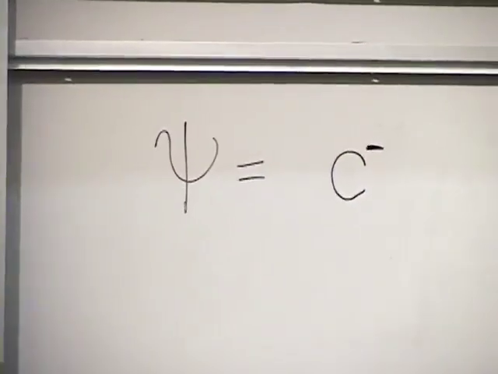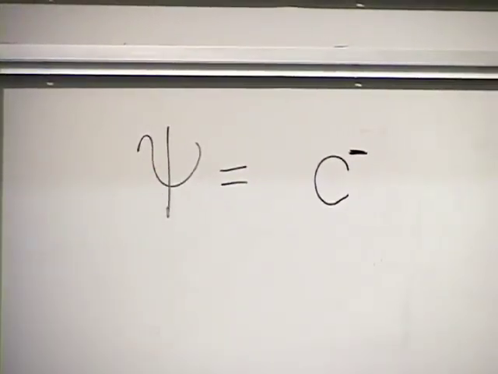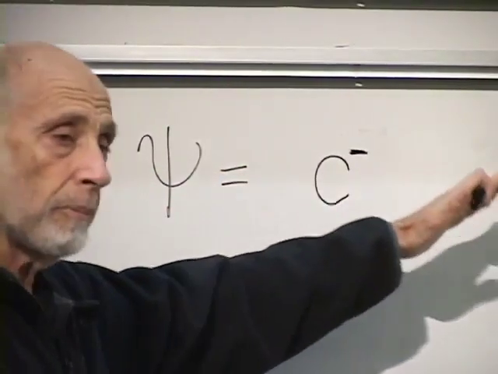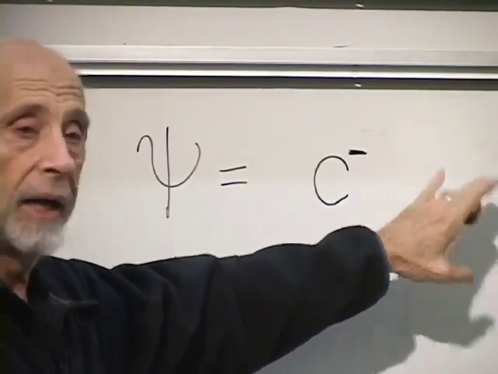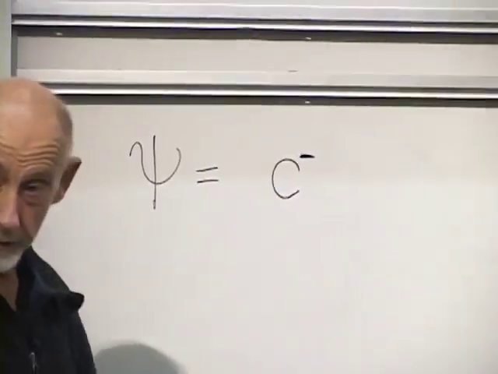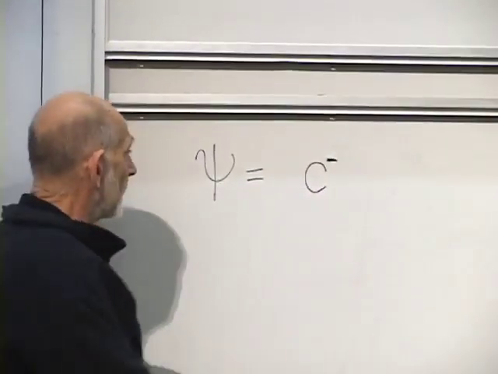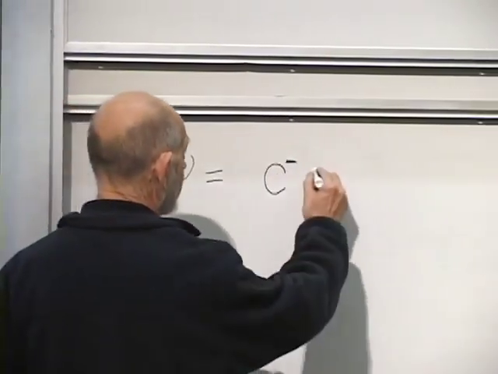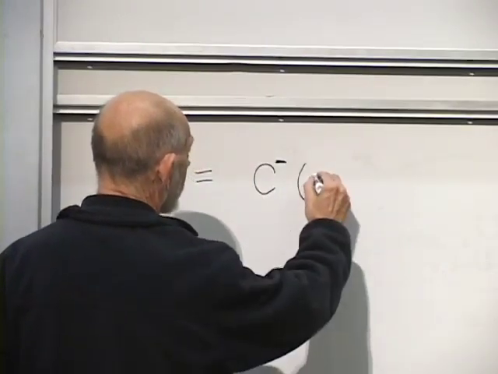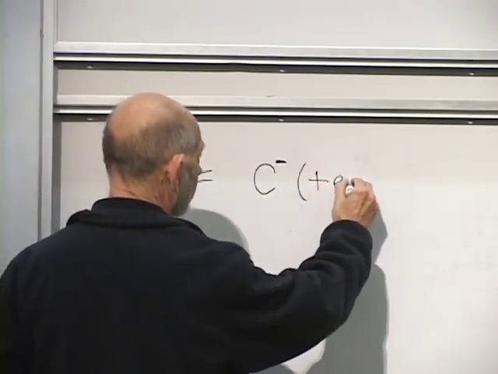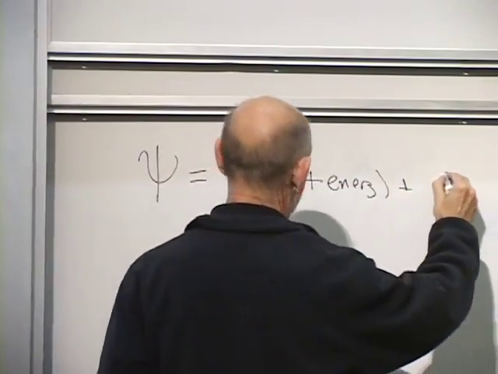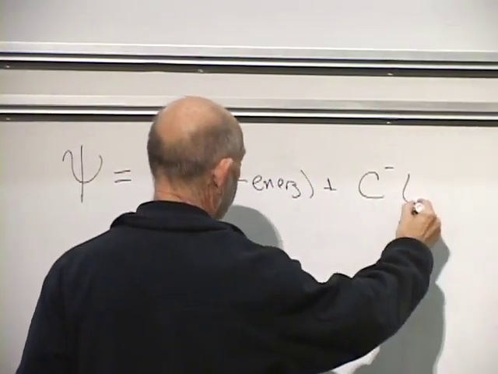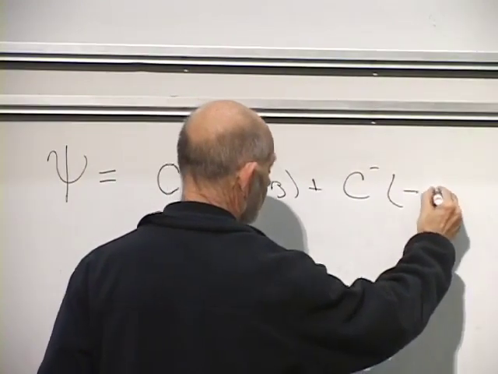But in the expression for psi, there's a sum over all the possible momenta and properties of the electron. In particular, there are annihilation operators for particles with positive energy, and also annihilation operators for particles of negative energy.